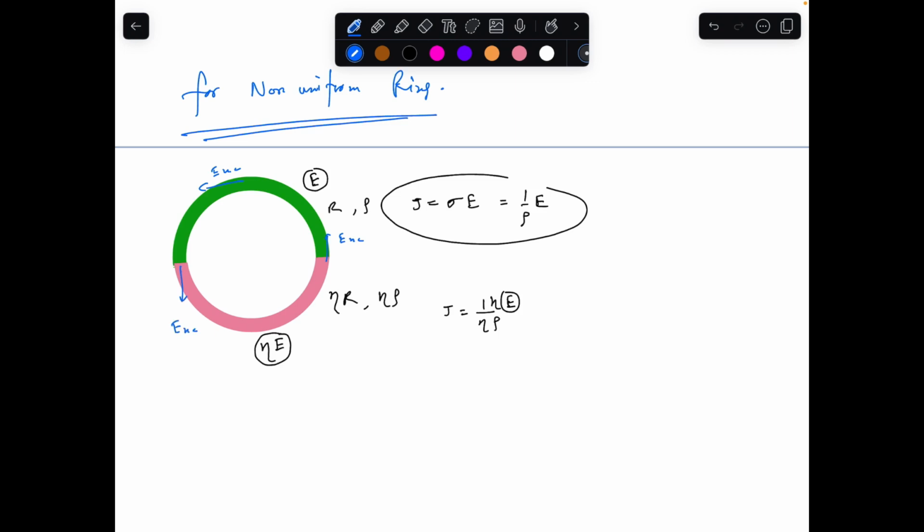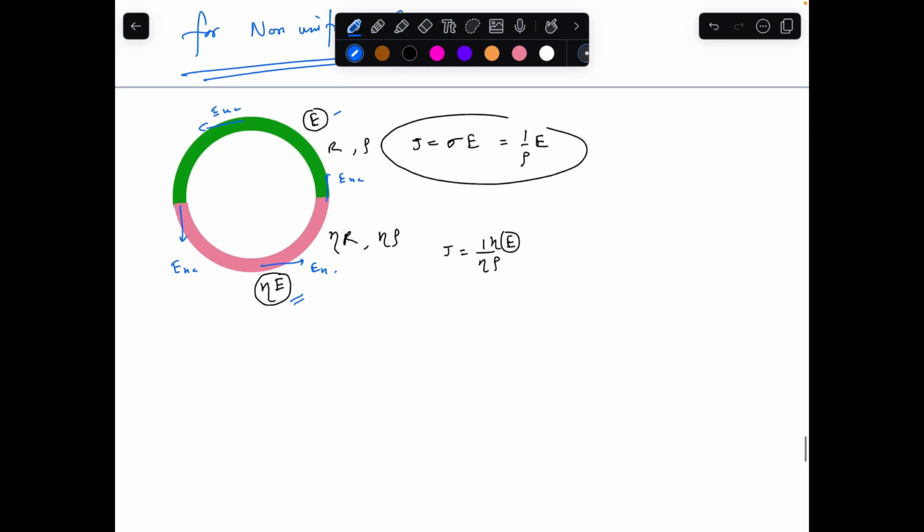But here the electric field for the upper part is E and at the lower part is eta times E. That means there is a change in electric field. So from where is this change coming? There must be some conservative field.